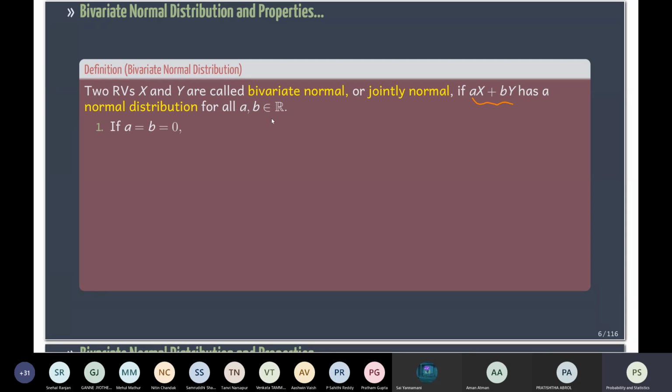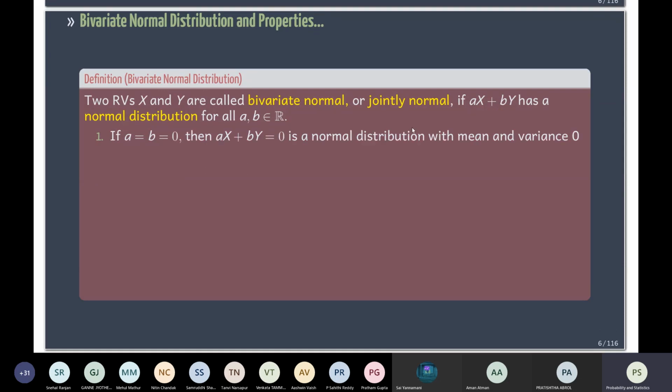So if a and b are 0, obviously this is a zero random variable, right? So a zero random variable also can be seen as a normal distribution with mean and variance 0, right?